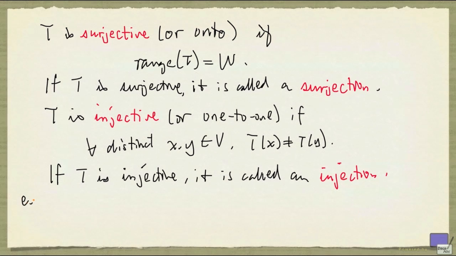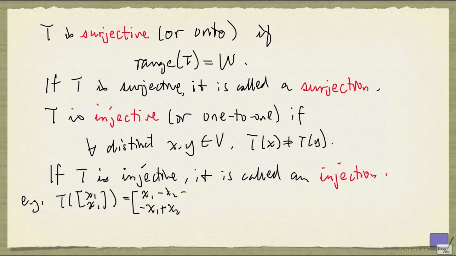So let's consider the linear transformation given by T of (x1, x2) is (x1 minus x2, minus x1 plus x2). We're going to find out if T is a surjection or if T is an injection. Notice that every element in the range is of the form (a, minus a).